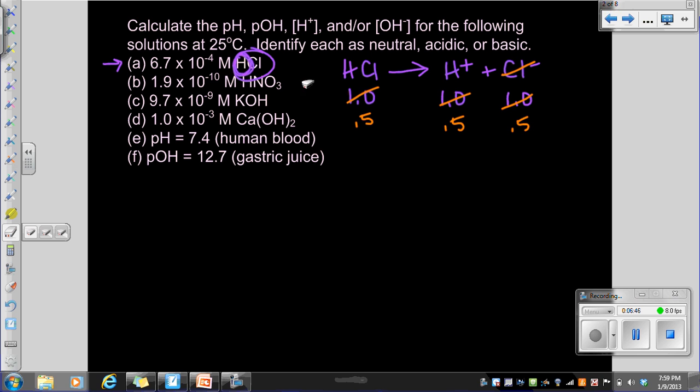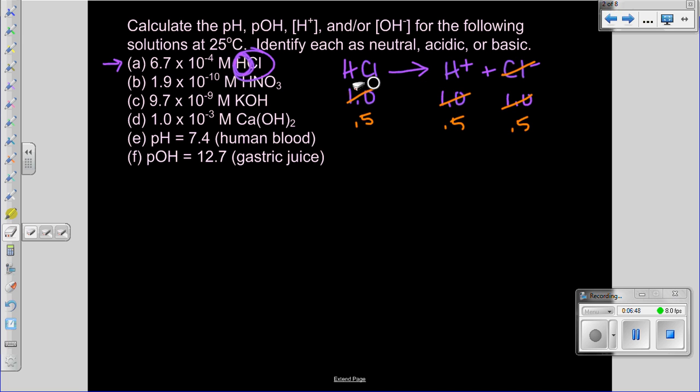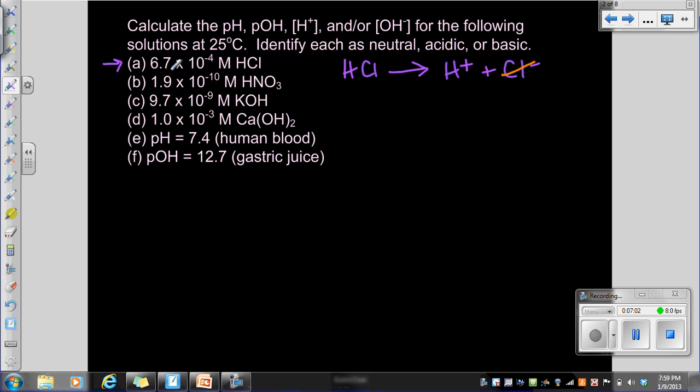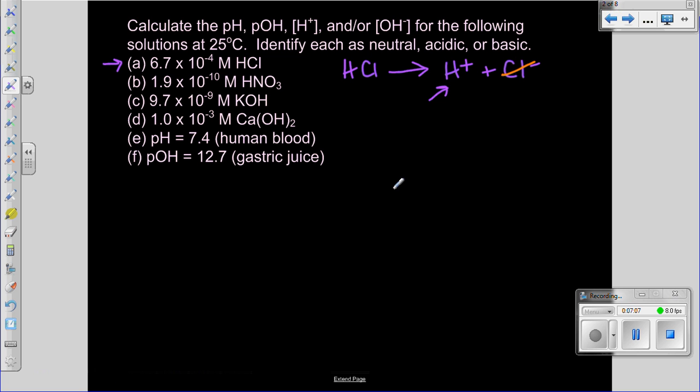So now we've got a scary number instead of a nice whole number. If hydrochloric acid's concentration is 6.7 times 10 to the negative 4th, then I know that that's also the concentration of H plus. So to find the pH, I'll do negative log of the hydrogen ion concentration, which is actually the concentration of that acid.